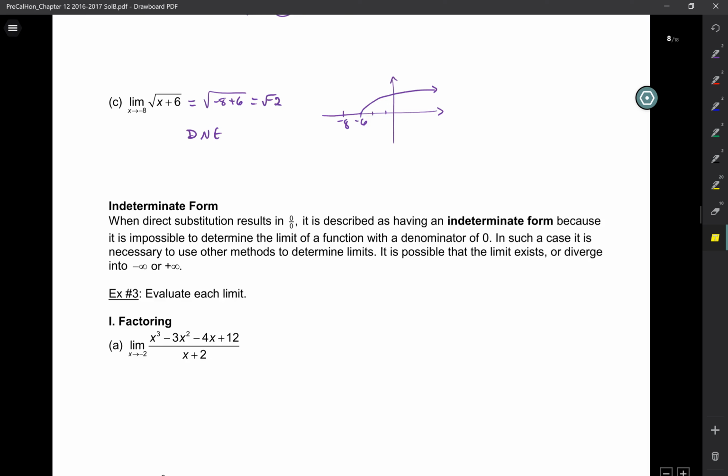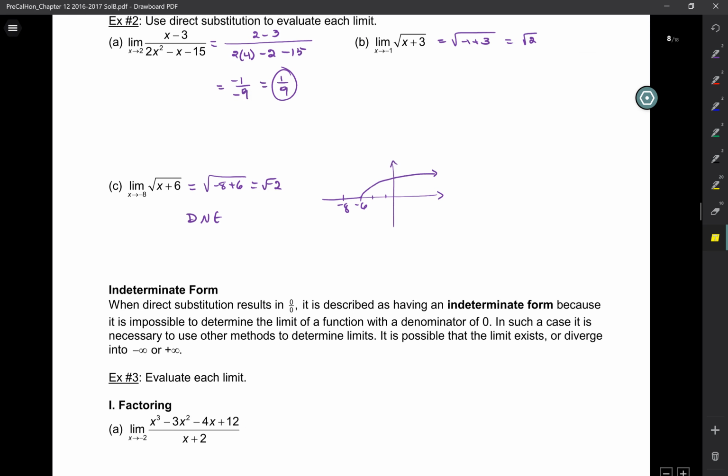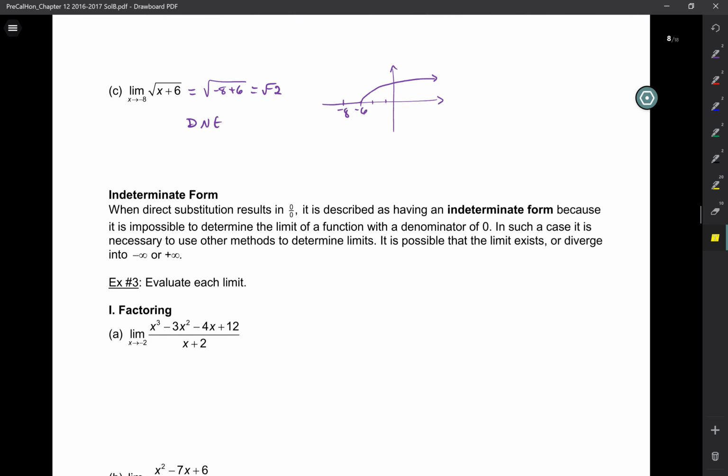Okay, so this is all fine, but it's sort of boring because we've been doing that since Algebra 1. Let's make it a little bit more exciting. Indeterminate form. When direct substitution results in 0 over 0, we call that indeterminate form.